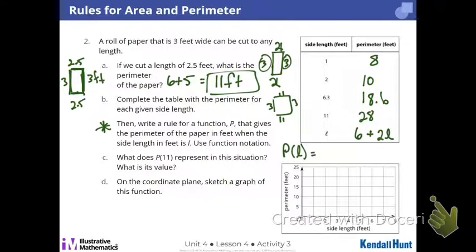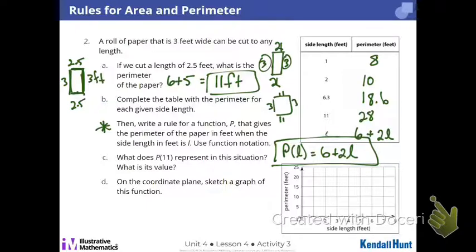The length is going to determine the output of perimeter. That is equal to 6 plus 2L. So this is the function notation, and we write this because it is a function. Instead of doing y equals 6 plus 2x, we use this notation to signify this is a function that's going to pump out different outputs over and over.